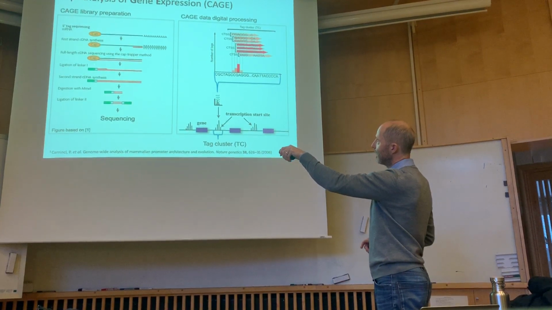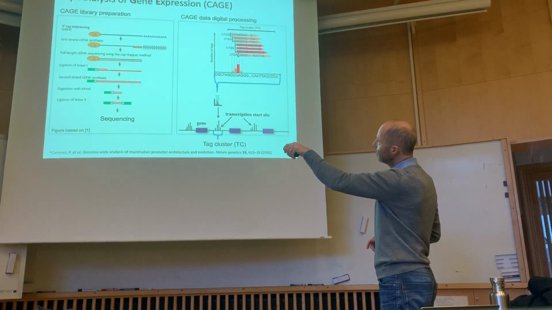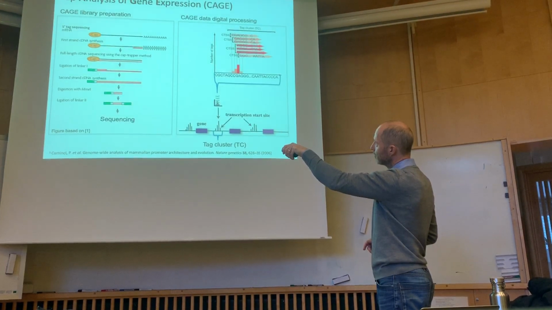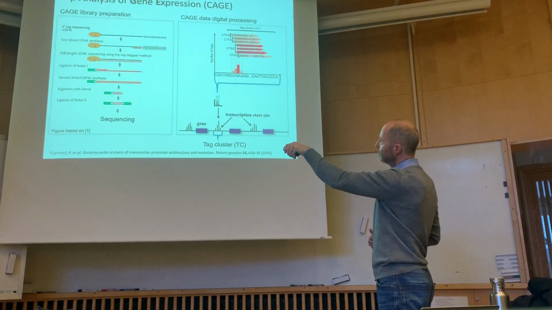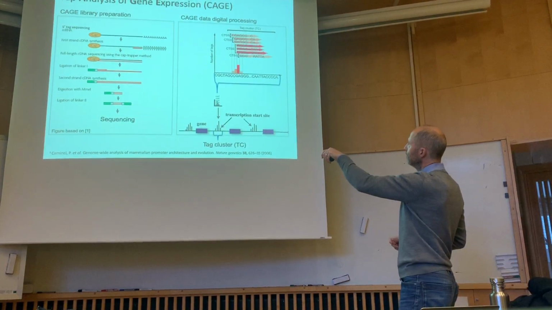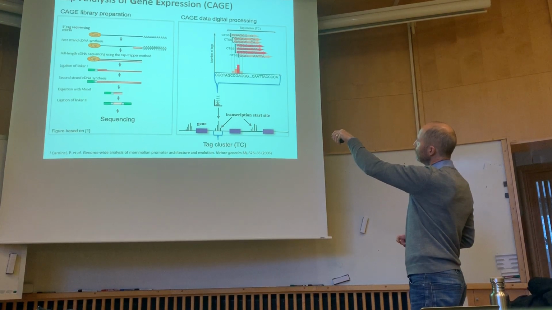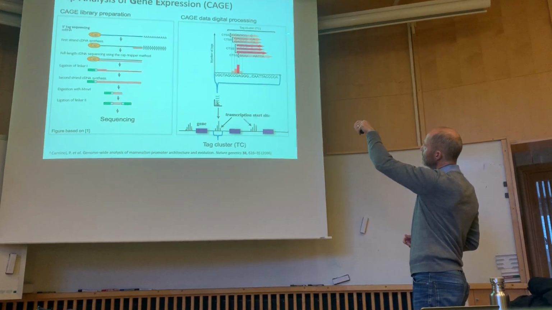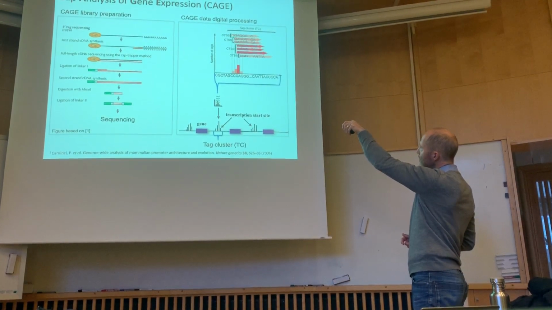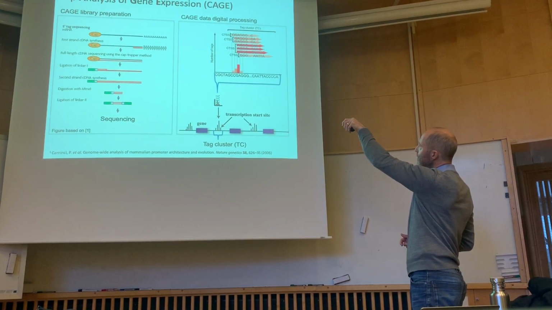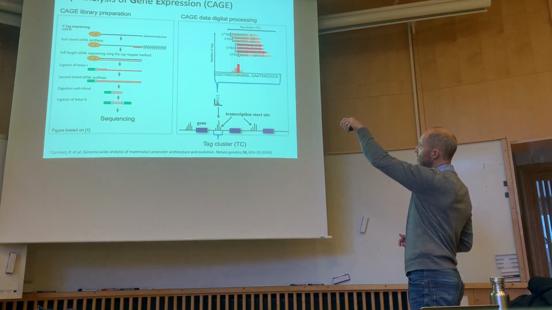So this is the cap, and then you sequence the beginning of the transcript somehow. When you sequence only the beginning of the transcript, it could look like this. You get these sequences, but this 5' end of the sequence is basically the transcription start site, the TSS.